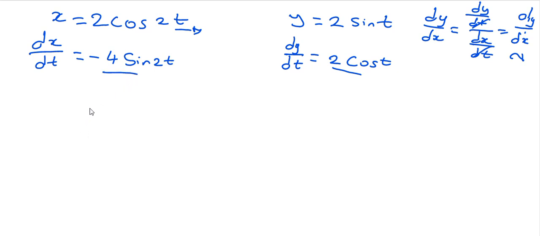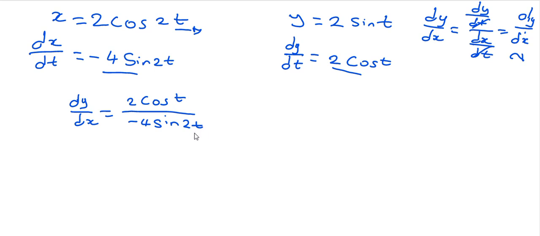So dy over dx is going to be 2 cos t all over negative 4 sine 2t. Okay, so we have 2 and negative 4, and we're going to have negative cos t all over 2 sine 2t.